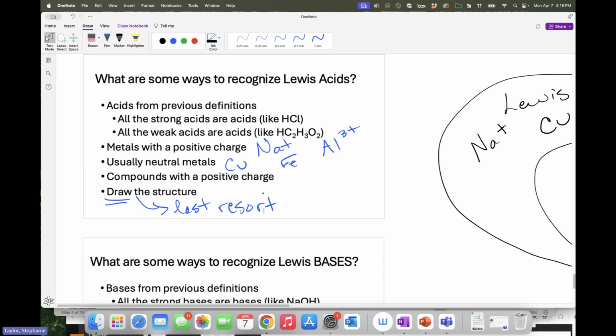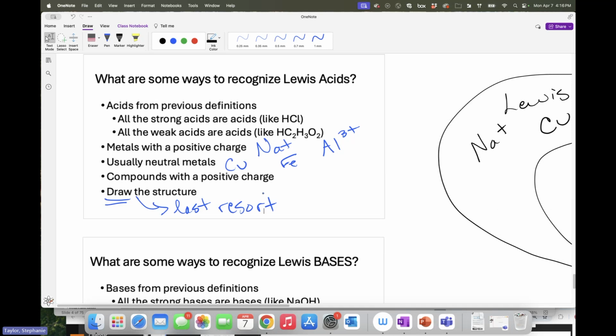Does it have a positive charge? And then your last resort is drawing the darn thing. Because honestly, we are kind of likely to draw it for you if you really need that, just because we know that this is a time-intensive exam. So we usually draw them for you if we can. But depending on what you're looking at, drawing a Lewis structure might be helpful. So those are my ways to recognize Lewis acids.